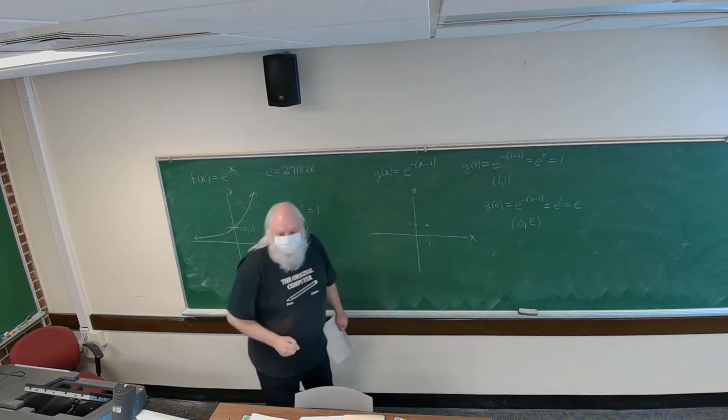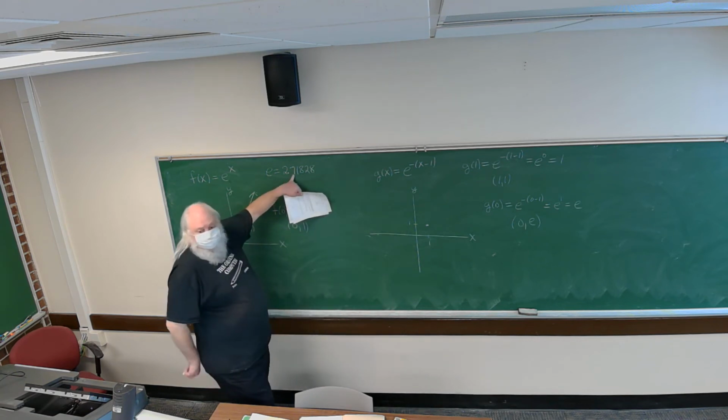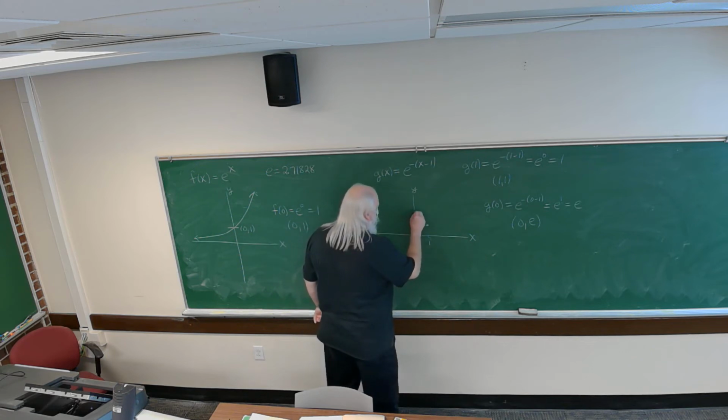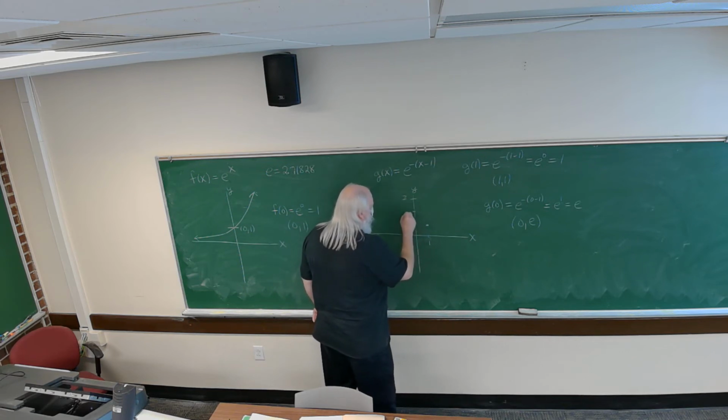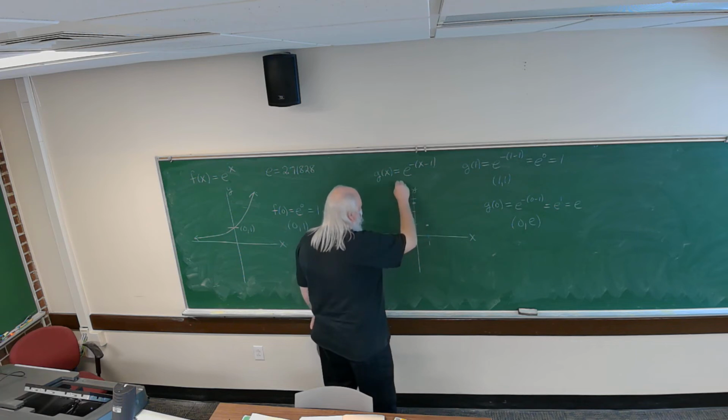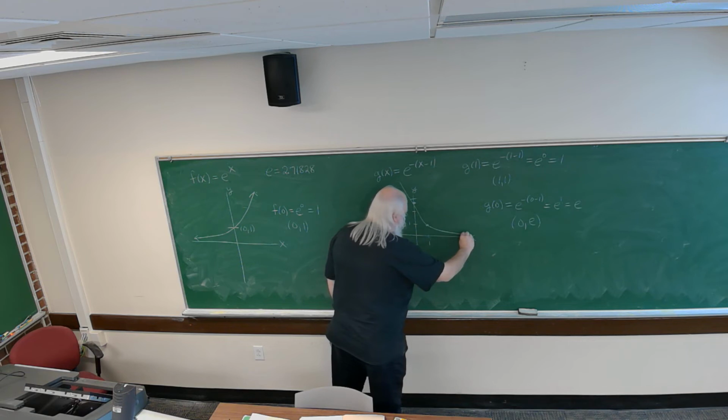Well, what's the value of e? 2.71, right? So e is less than 3, but greater than 2. It's roughly 2 3/4. So there's e on the y-axis, okay? And so the graph crosses the y-axis here, goes through this point, so you can deduce the graph is going to go down and to the right.